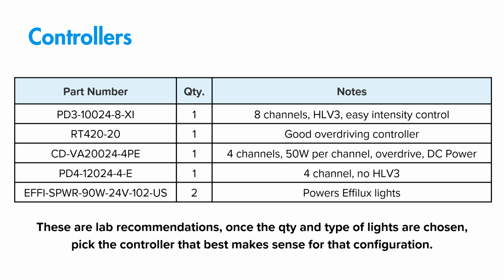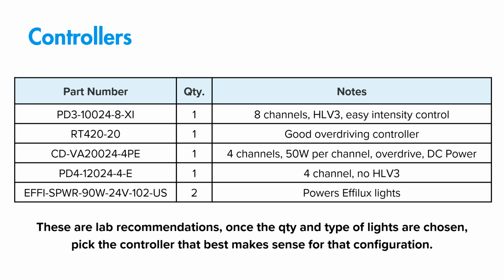And then one thing to note, my kind of caveat to this, is these are lab recommendations. So this is what we think is going to make your testing in your lab the easiest. But once you are testing your lab and you choose the configuration you need, the size of the light, the quantity, etc., pick the controller that makes the best sense for that configuration.